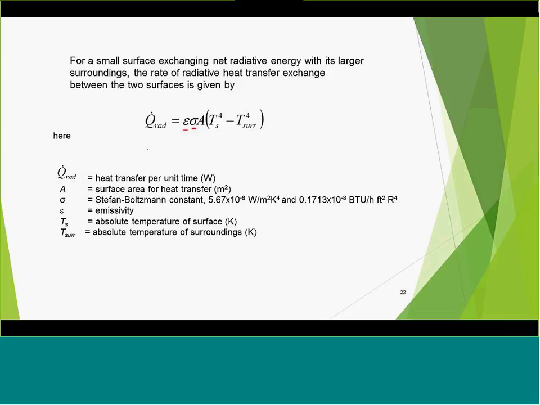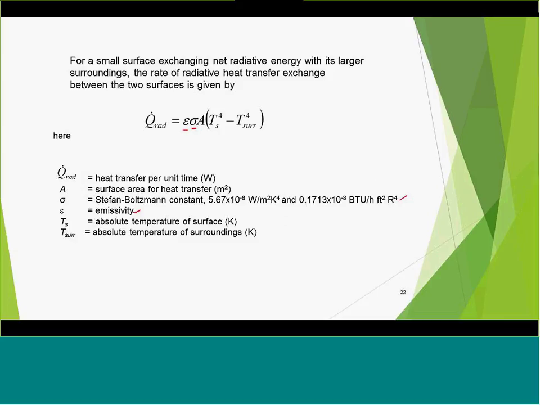When you ask what emissivity is, it is actually a ratio of energy radiated from a material surface to that radiated by an ideal radiator or black body. So you're going to have an actual value for that. Each material has a different value of emissivity, and there is a constant value.